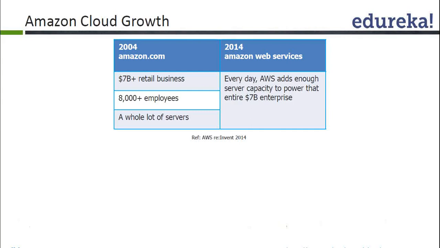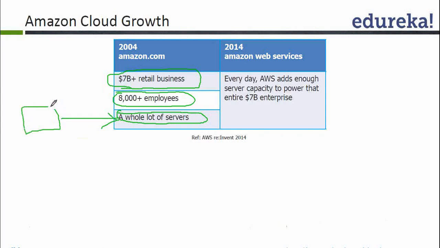Why? Read the statement. This is an official statement from Amazon, which says that in 2004, Amazon had around 7 billion of retail business. They had around 8,000 plus employees, and a whole lot of servers. They would not give the numbers, but I'm sure it would be more than 1,000 servers to sustain those people.